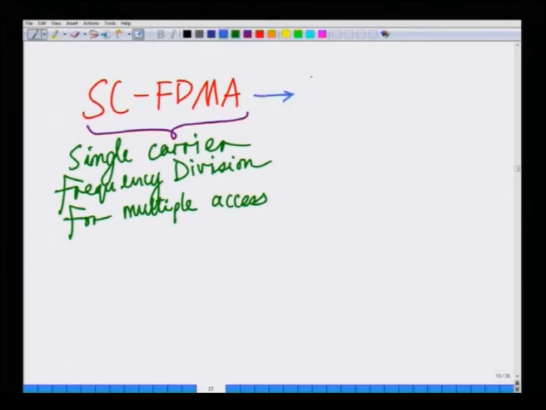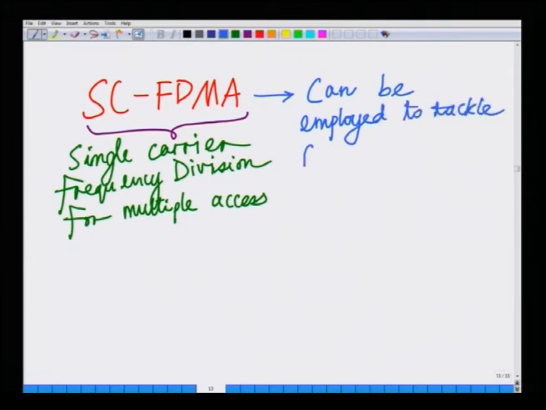This can be employed to tackle the PAPR issue in OFDM.